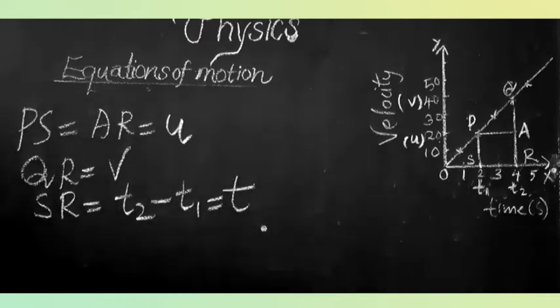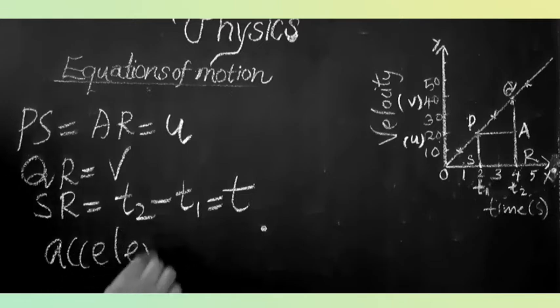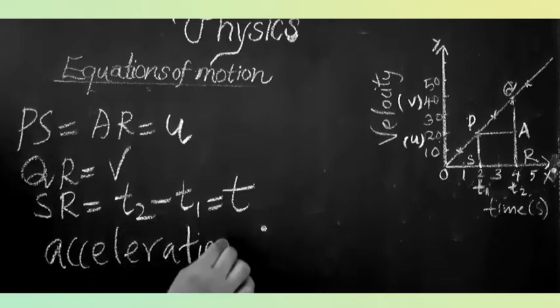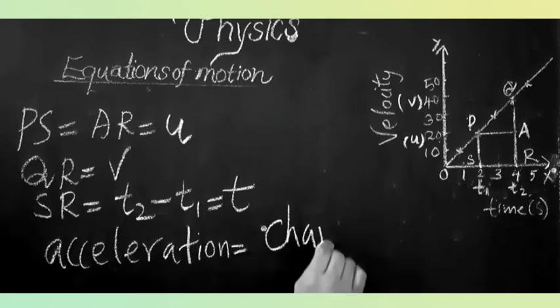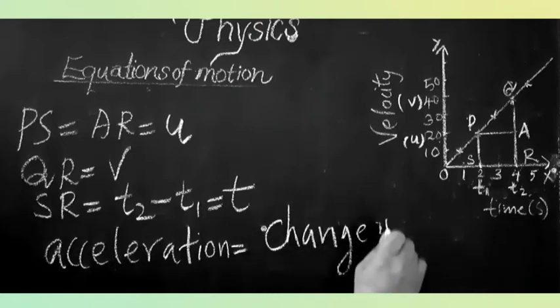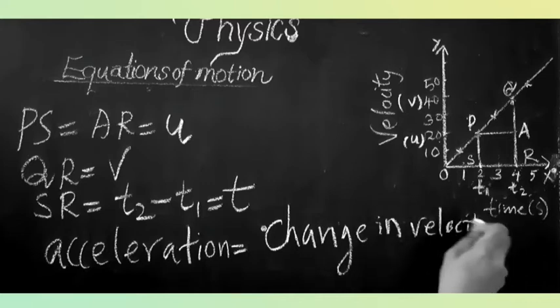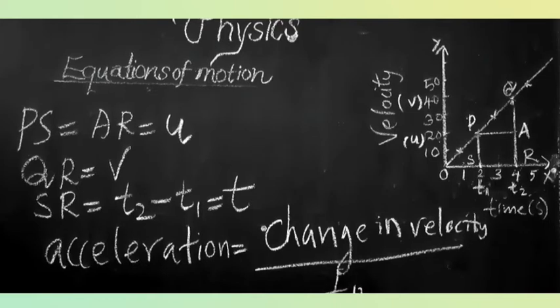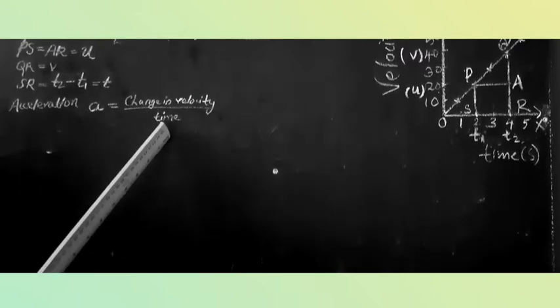From this graph, let us find out acceleration. What is acceleration? Acceleration is change in velocity by time. So acceleration a is equal to change in velocity by time.